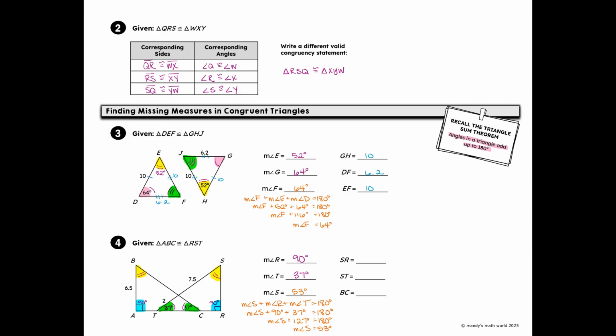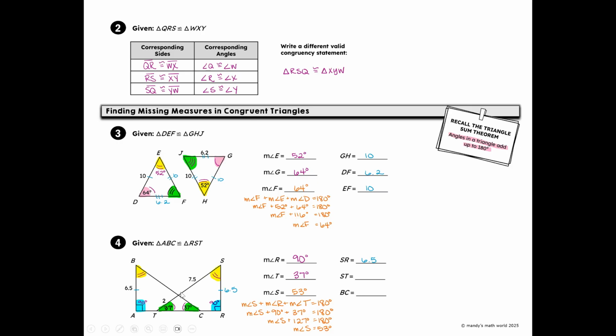So now let's find these missing side lengths. SR, right? Well, segment SR corresponds with segment AB, which means that's 6.5. Segment ST, well, right here, I'm given that this segment is 7.5, and this segment right here is 2.